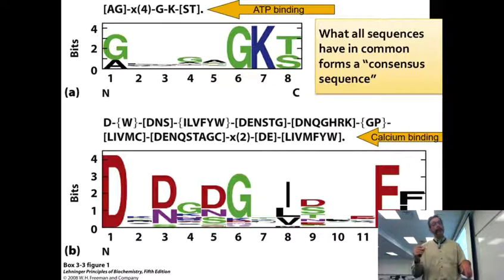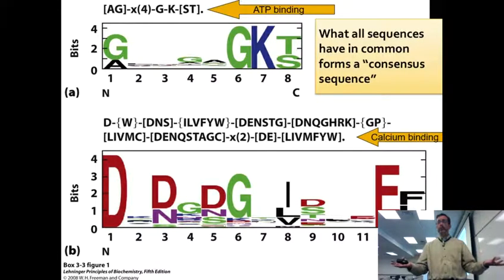It looks like some of them can get by with a shorter version of the same amino acid, but they need the negative charge. And it turns out that this is a calcium binding sequence. Calcium is positively charged, so it makes perfect sense to have 4 negatively charged residues. And you can take this consensus sequence.